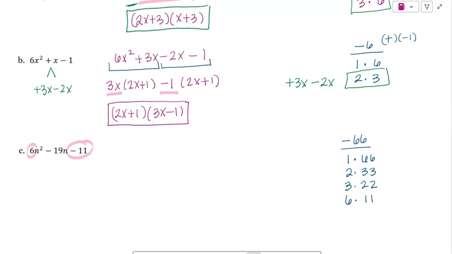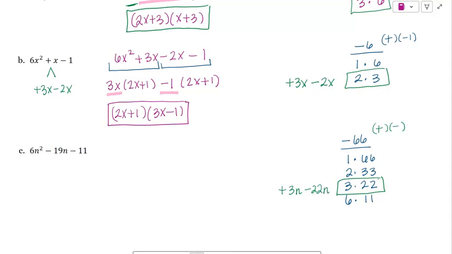I think that's all. All right, I want one of my numbers to be positive, and I want one of my numbers to be negative, and I want them to combine to give me the middle term, which in this case is a negative 19. So it looks like this set is the one that I want. I want the overall answer to be negative, so that's going to be a plus 3n and a minus 22n.